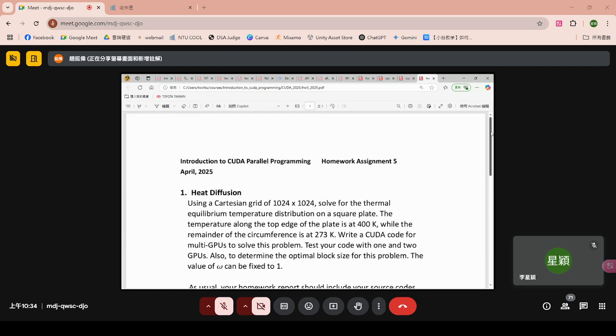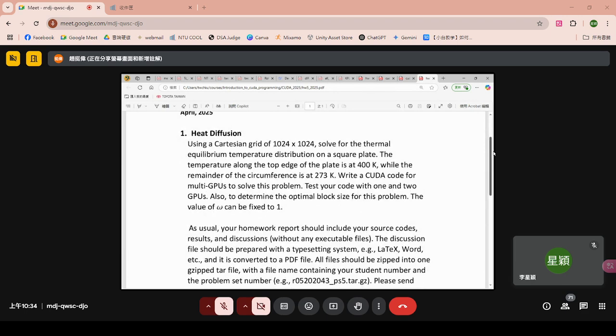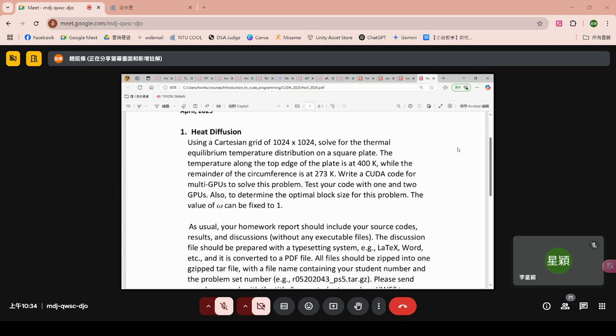The homework assignment 5 is a problem of heat diffusion. Use a Cartesian grid, 1024 by 1024, and solve the thermal equilibrium temperature distribution on a square plate. The temperature along the top edge is 400 K, and the remainder of the circumference is 273 K, so this is similar to the Laplace equation with fixed phi on these boundaries.